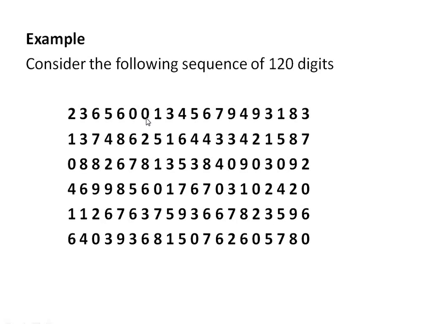So the next 0 appear in third line, that is here. So we have to count the number of non-zero digits between this 0 and this 0. That is the gap length.